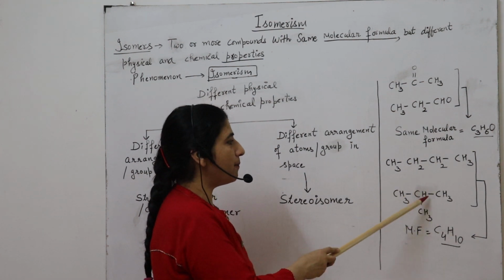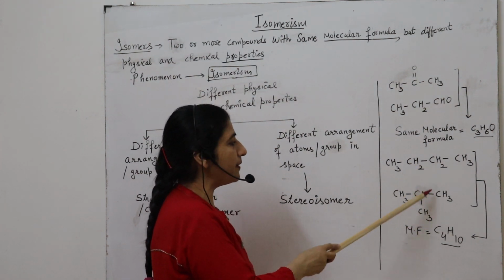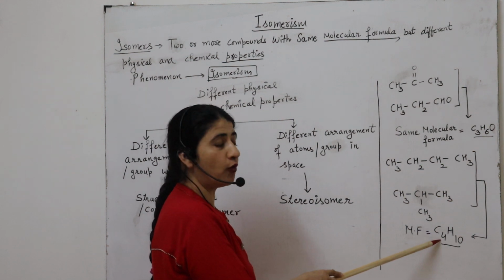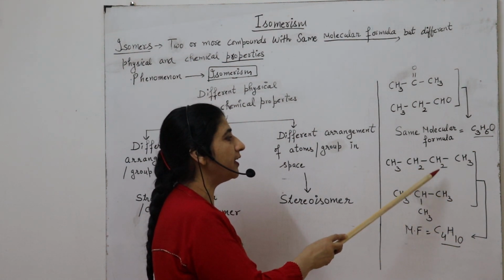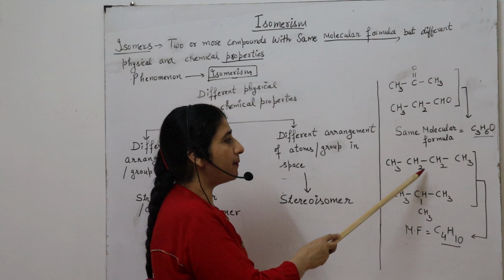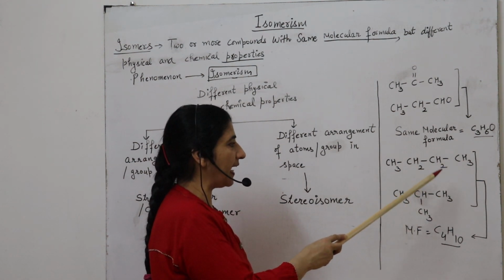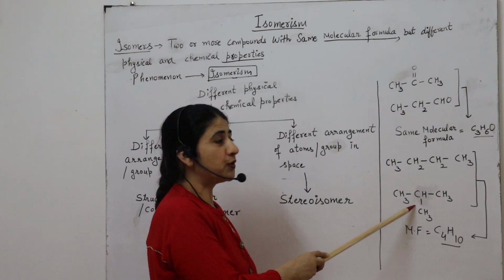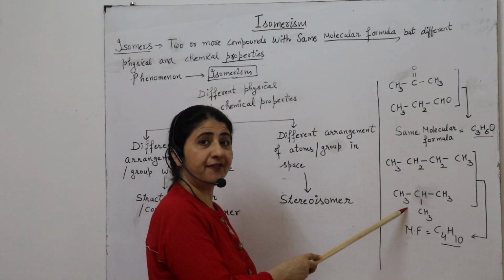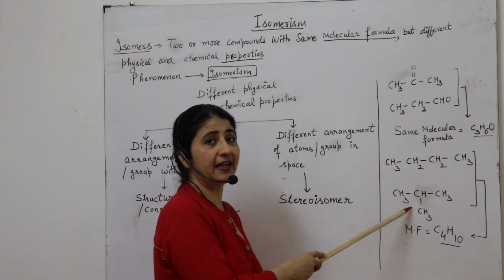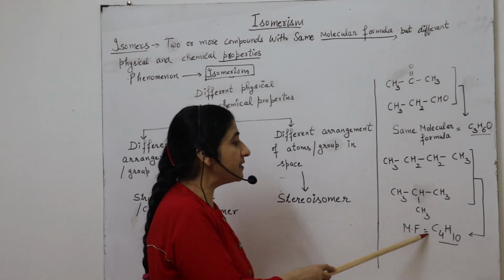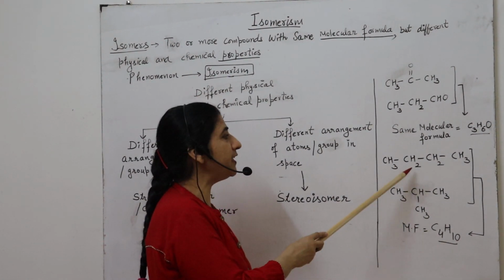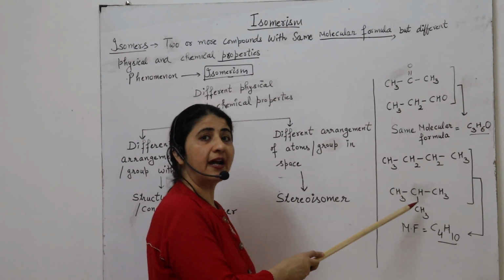These two compounds have the same molecular formula, that is C4H10, but they show different properties. This compound is named normal butane and this compound is named 2-methyl propane. So these two are different compounds having different physical and chemical properties but the same molecular formula. So these two are structural isomers.